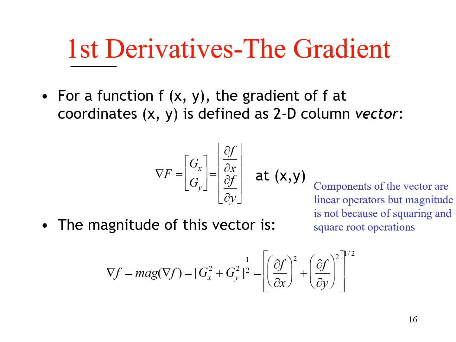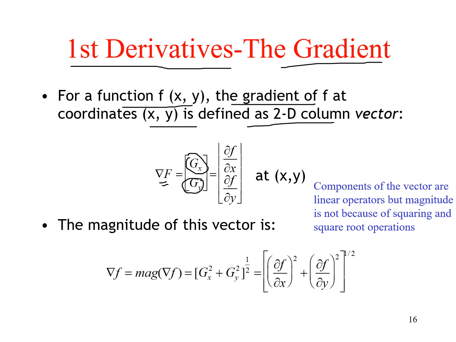Now next is the first order derivative filter, known as the gradient filter. What is the meaning of gradient? Gradient is slope, or derivative. For the function f of xy, the gradient of f at xy is defined as a 2D column vector. There is the gradient in the x direction, given by this, and df by dy is the gradient in the y direction.